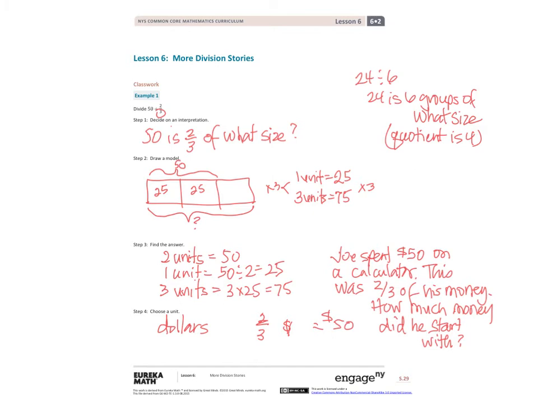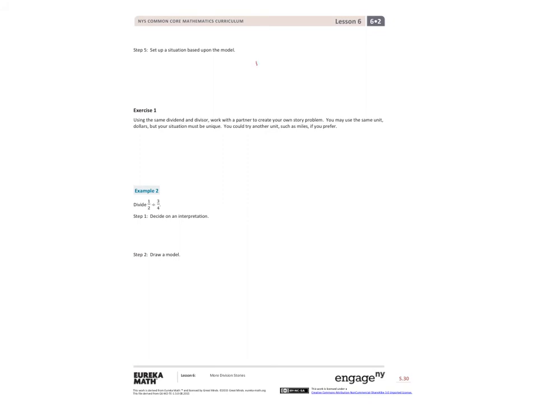Let's go. Okay, so the next page, we've got step 1, example 2.